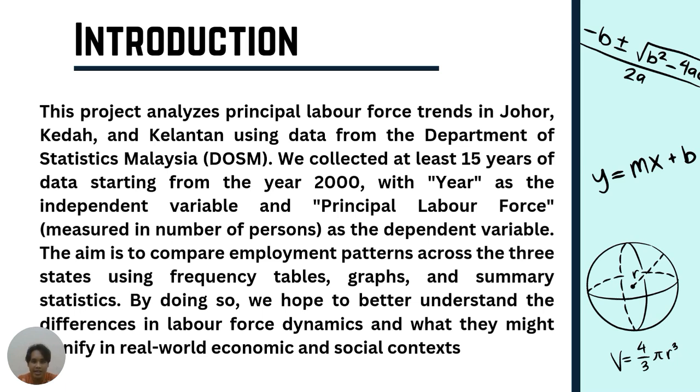Our data is obtained from the Department of Statistics Malaysia (DOSM), and from there we collected at least 15 years of data from 2000 onwards, with year being the independent variable and principal labor level, which means the number of persons, as the dependent variable.